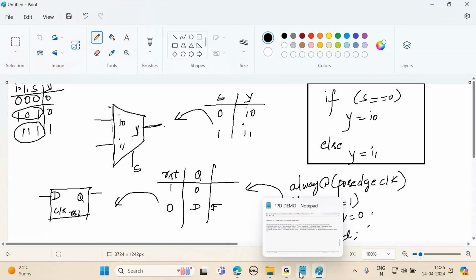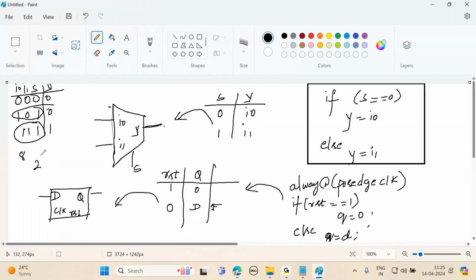Whatever design I'm discussing here has only 3 inputs. Three inputs means how many combinations? 0, 0, 0, 0, 0, 1, 0, 1, 0. Totally you will get 8 combinations, that is 2 power 3. If I have 100 inputs, how many input combinations do I have? 2 power 100, which is more than 1 lakh combinations.